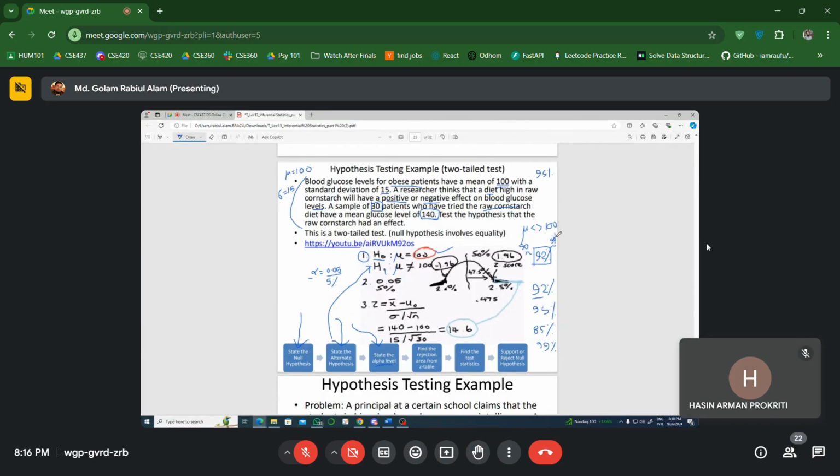So 95% of the time, you will get the result within this upper and lower limit. So here the lower limit is 90 and the upper limit is 95.